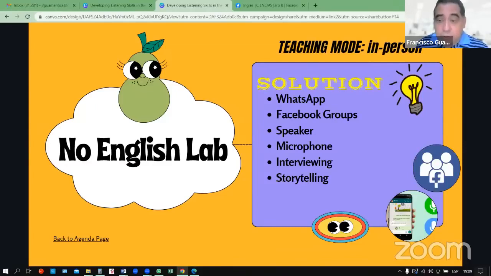Work on Facebook groups, private groups, where you can have your students join that group. It's like an online class where you can share audios, you can share videos. All of them can see you, can listen to you, and you can listen to them. And no one else, because it's a private group.